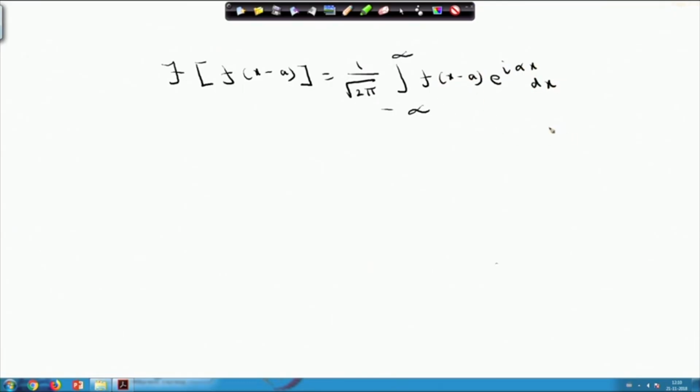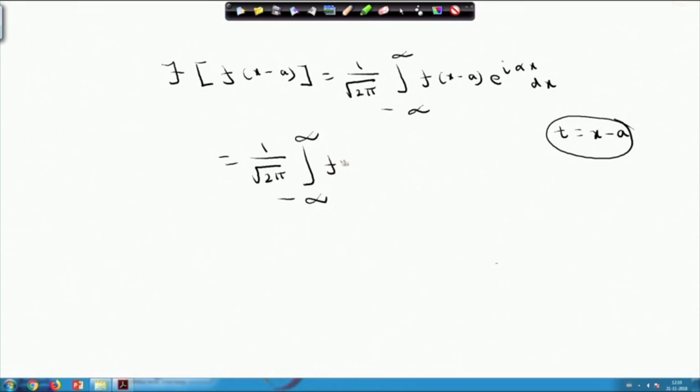Now, I have to change it to t, say. So, I am substituting t equals x minus a in this. Once you substitute t equals x minus a, the limits of the integration, as x approaches minus infinity, t will approach minus infinity, and when x approaches infinity, t will also approach infinity.